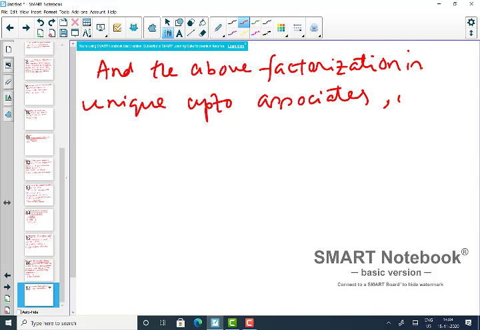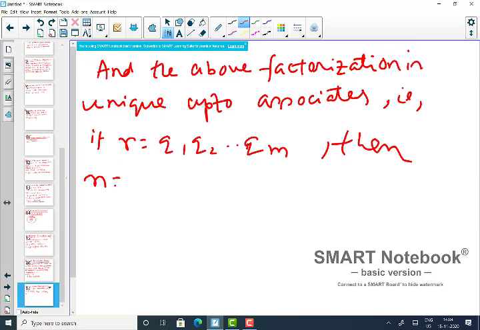That means you can obviously have some more factorizations, but the elements of those factorizations are associated to the original factorization. That is, if you write R equal to some Q1 Q2 up to Qm, then what happens?